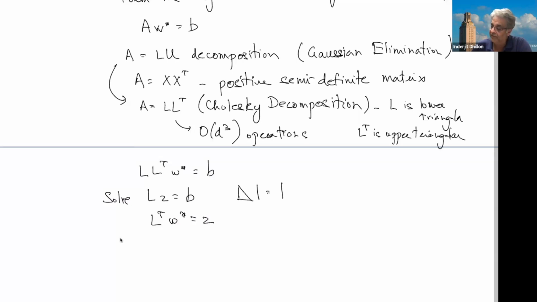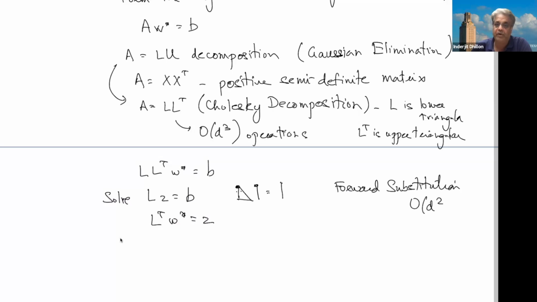So the way I can solve it is the first equation I can solve for the first variable. Then I can solve using the second equation and so on. And this is called forward substitution.